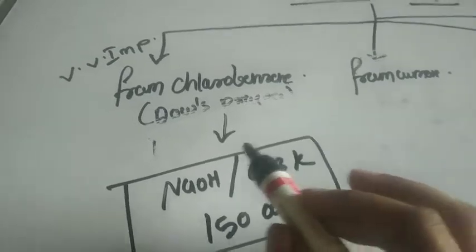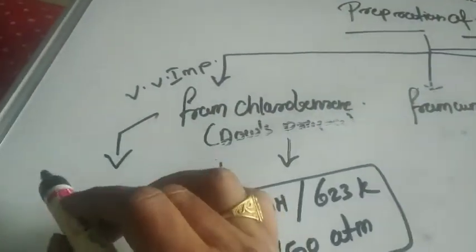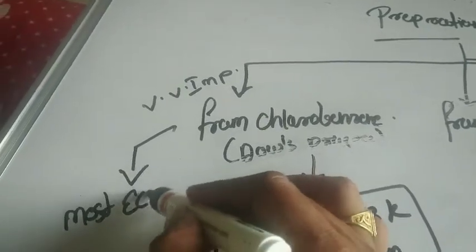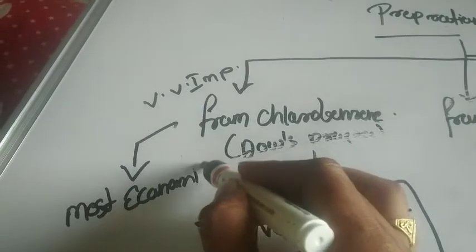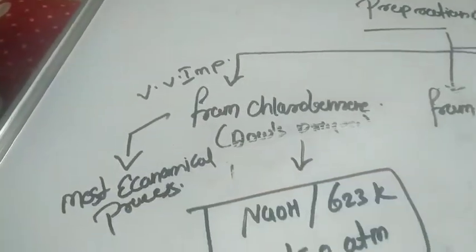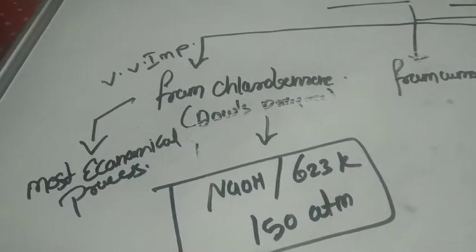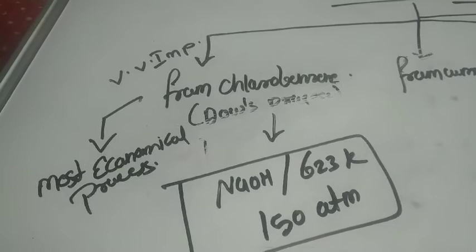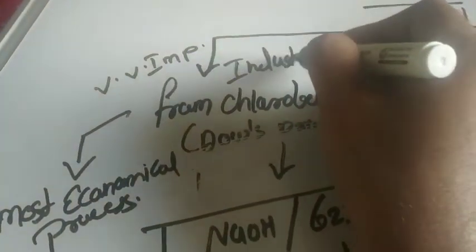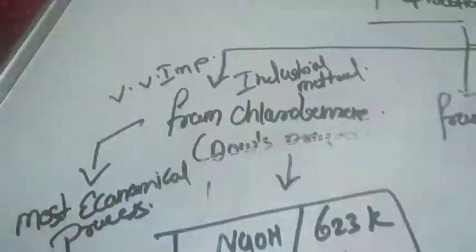And let me tell you, this Dow's process, or the chlorobenzene process, is the most economical process for making phenol, and the most favored process for making phenol in industry. It is also called the industrial method of preparation.